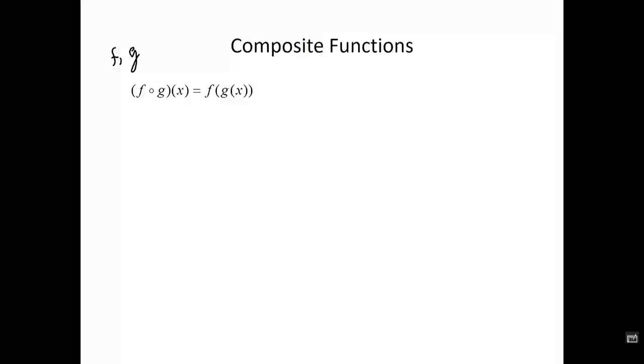So here we have f composed with g. That's not a times, that's composed. f composed with g is f of g of x. That's not f times, this is read f of g of x.